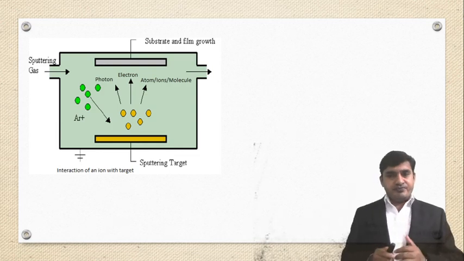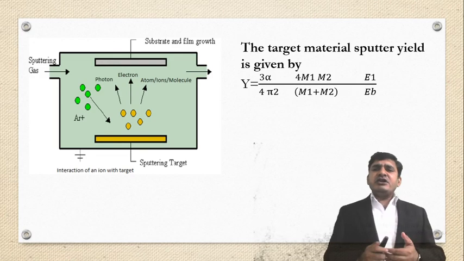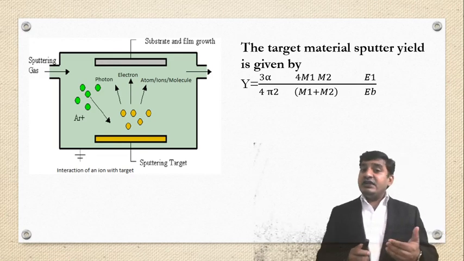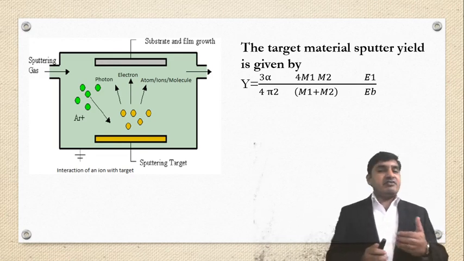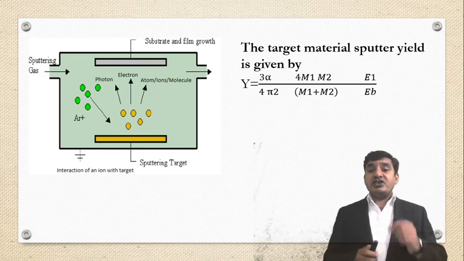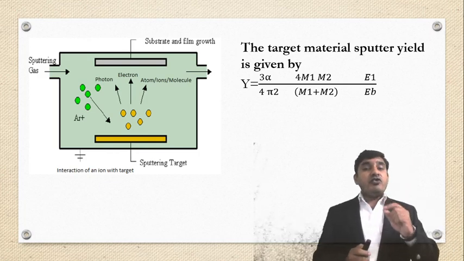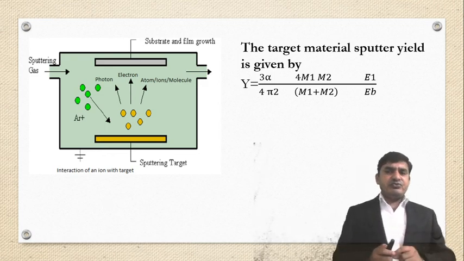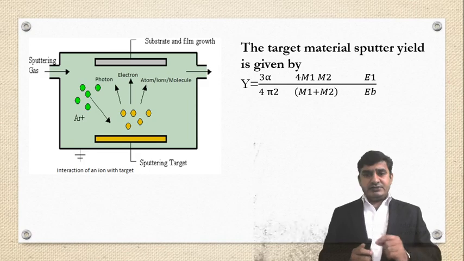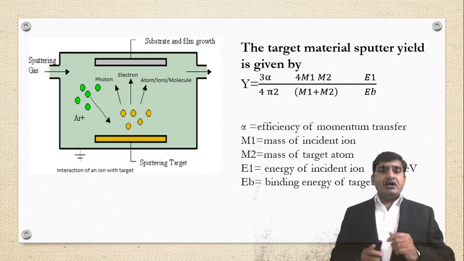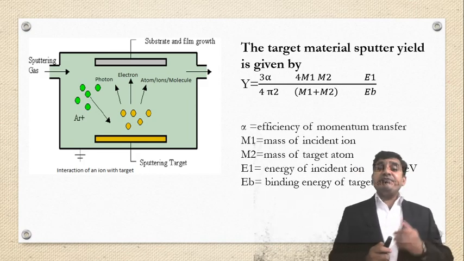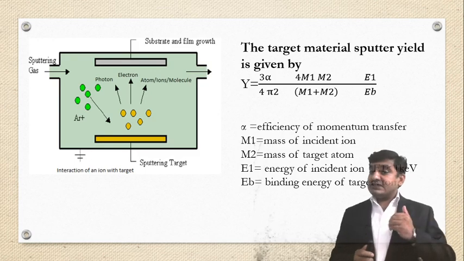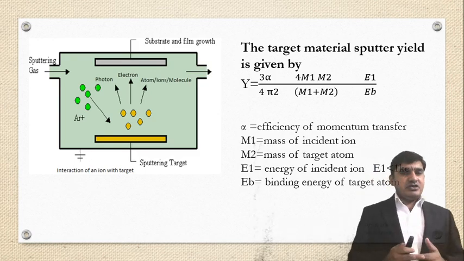The target material sputter yield is given by the equation Y = 3α/4π² × 4 m1 m2/(m1 + m2)² × E1/EB, where α is the efficiency of momentum transfer.